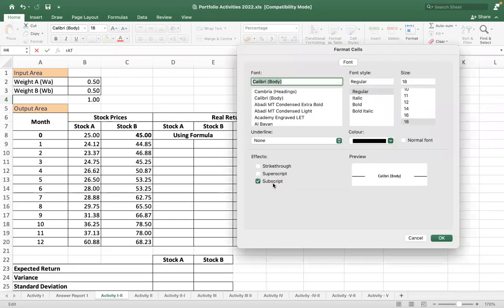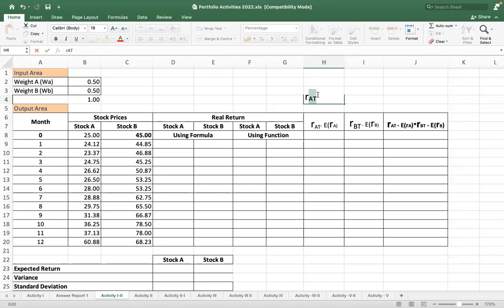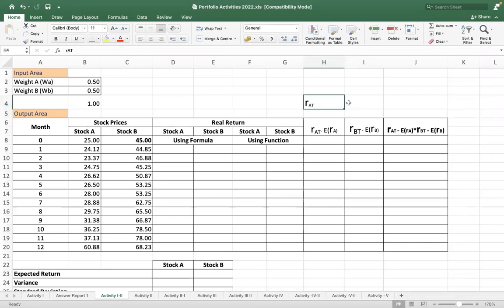Then you can use subscript, right? Some of you are just reducing the font size, which is not applicable. That can be done, but it's not the correct way, right?